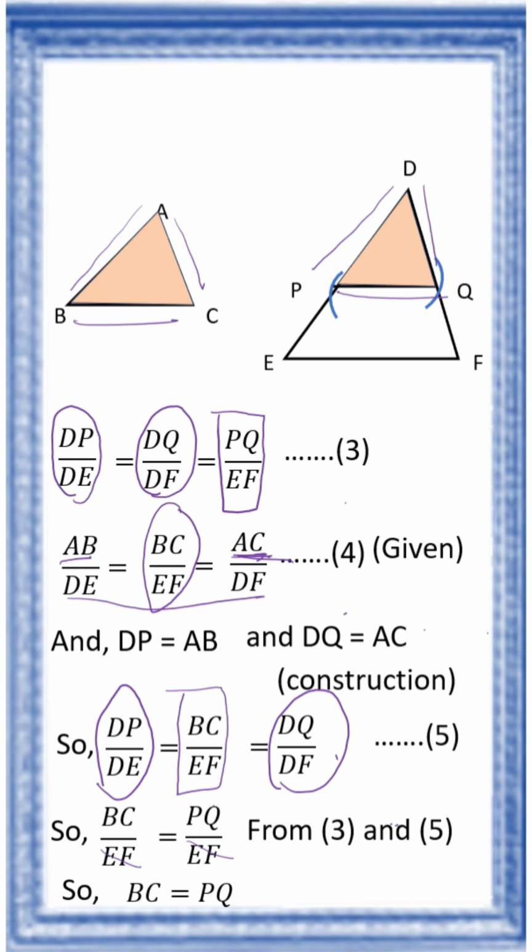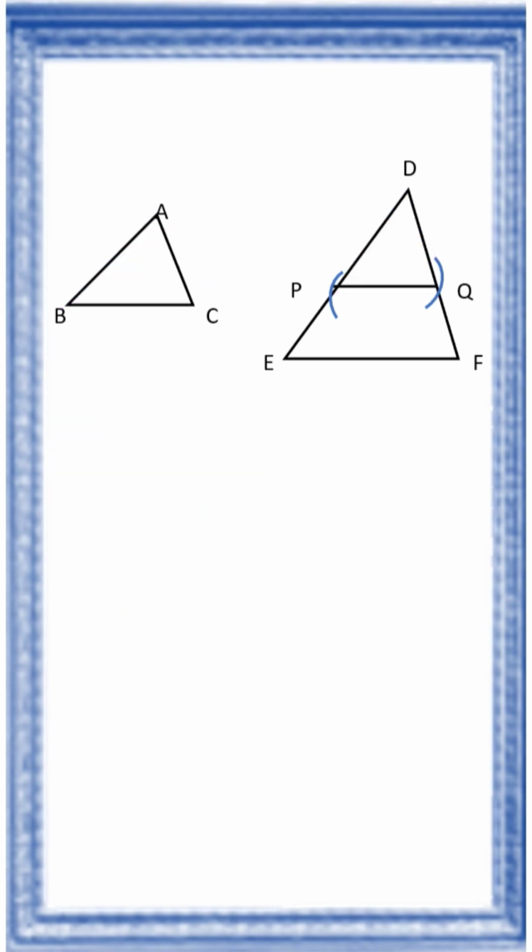AB is equal to DP by construction, AC is equal to DQ by construction, and now we have proved BC is equal to PQ. Let this be equation number 6. Now I have already told that I have to prove triangle ABC and triangle DPQ are congruent.